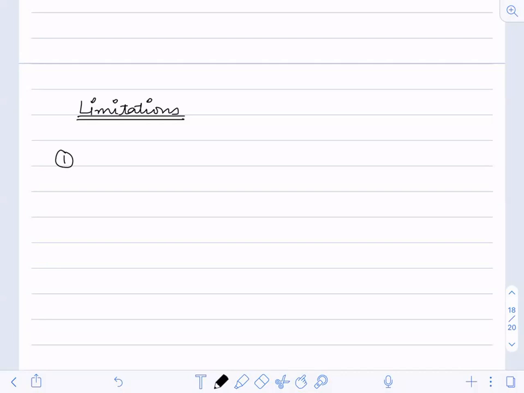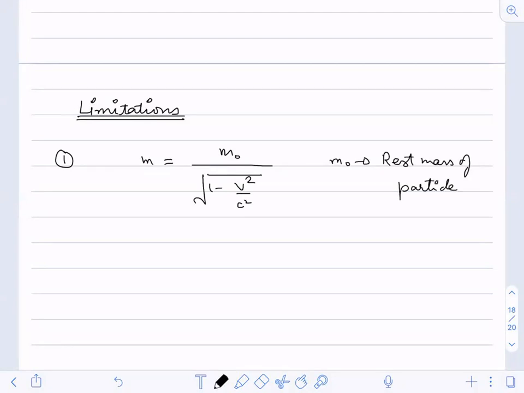How is it coming in between? Just see. As per Einstein's theory of relativity, the mass of the particle is equal to the rest mass of the particle divided by the square root of 1 minus v square by c square, where m naught is the rest mass of the particle and v is the velocity of the particle, comparable to c.